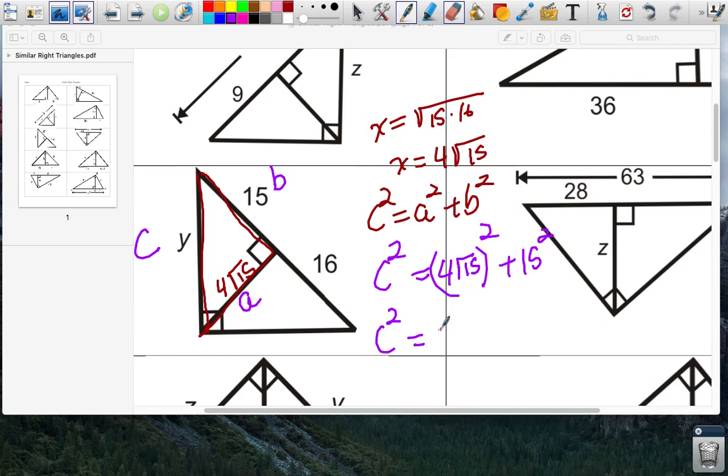Now 4 squared is 16. Radical 15 to the second power, that 2 is going to cancel out with the radical, so that's going to come out as 15.